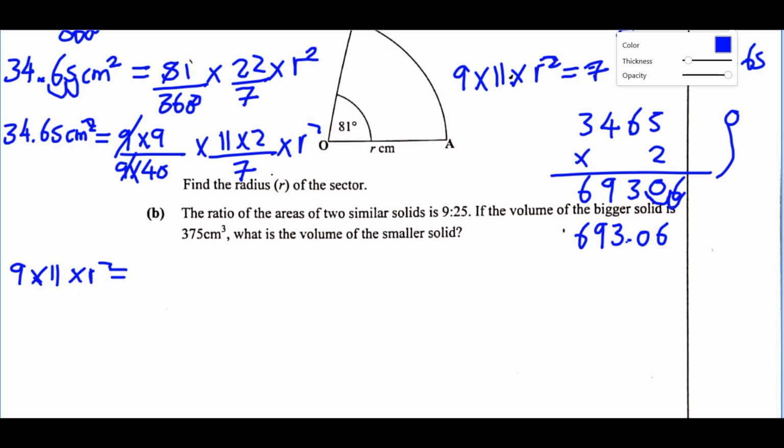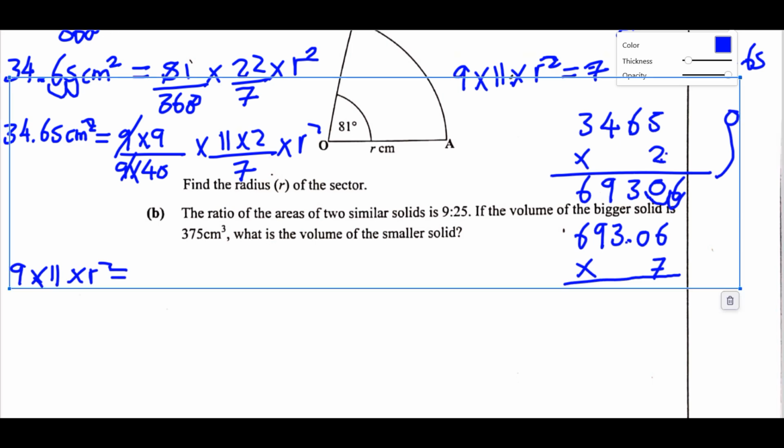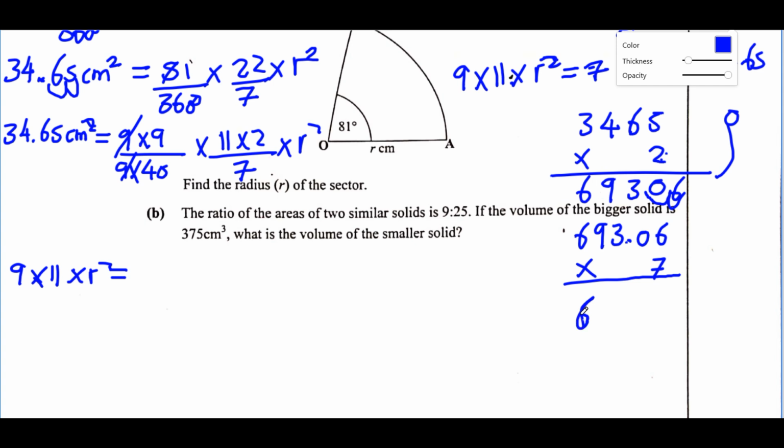Now from there we just need to multiply by 7. So even for this one, I'm going to ignore the decimal. Remember, this is 0, not 6. I made a mistake. So let's just ignore this.